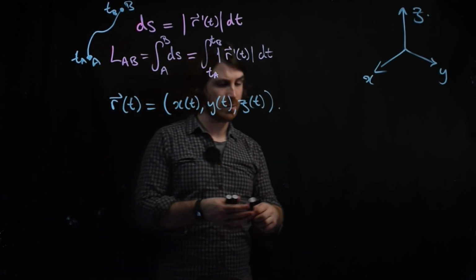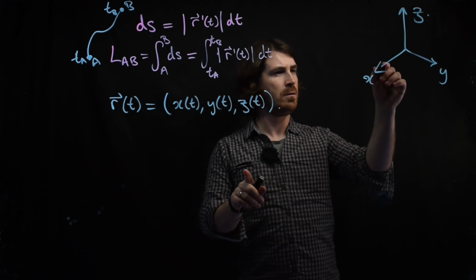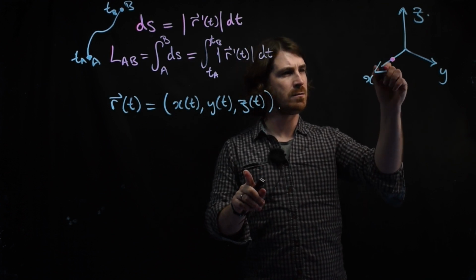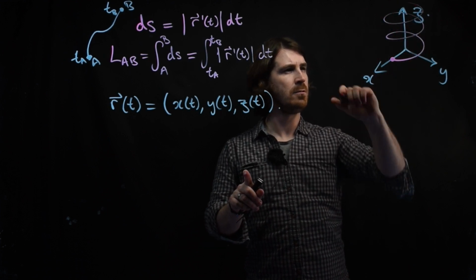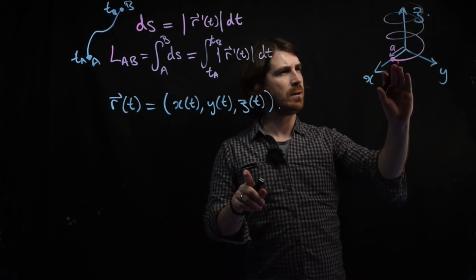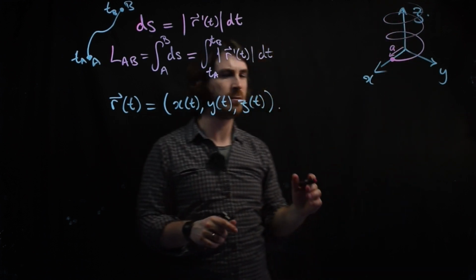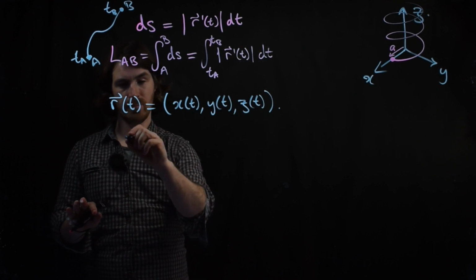Here our helix was like this. It had radius a, and it had a pitch defined by b. So we knew what x, y, and z were.